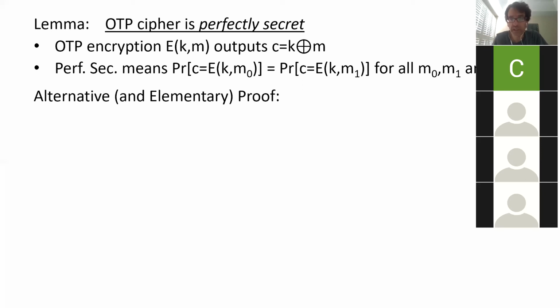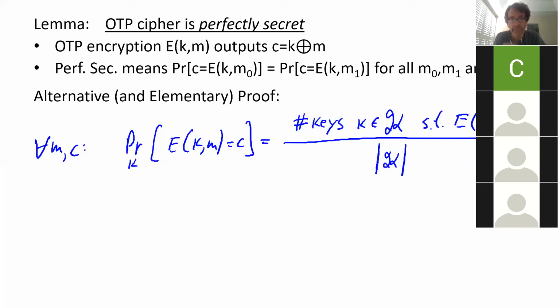So hopefully I did carry it to some of you, and somebody else you might have to review this, but it is a concise way to say what's going on. But it might not be easy to repeat it. It might not be easy to use it in some other context. So here is a more elementary reason for the same thing in our case, that one-time pad is secure.